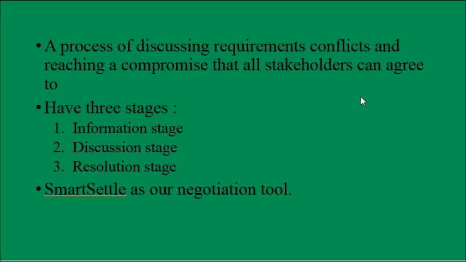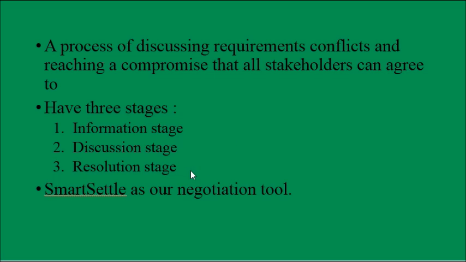The negotiation process has three stages. First is the information stage, in which we find all information about the conflicts. Second is the discussion stage, where we discuss the conflict with the stakeholders. In this stage, all of the stakeholders need to tell us their opinions and comments about the requirements.